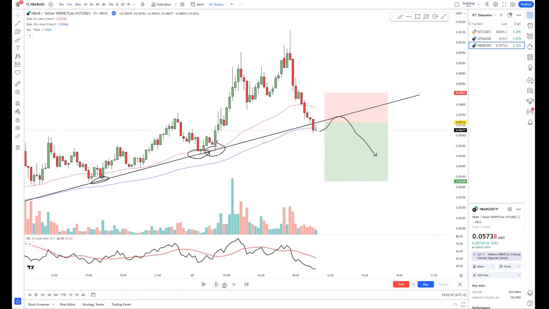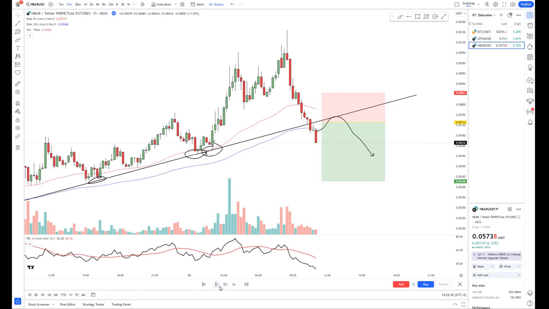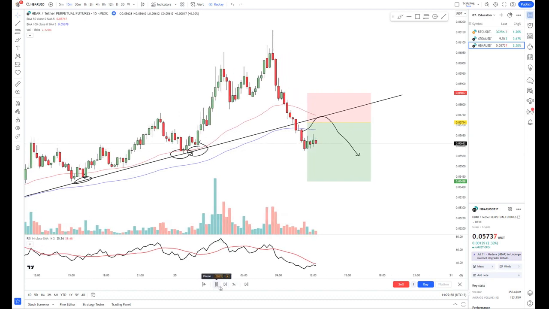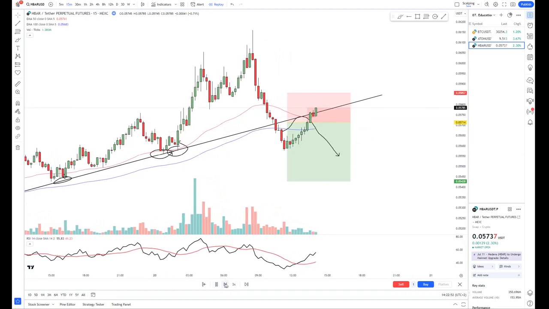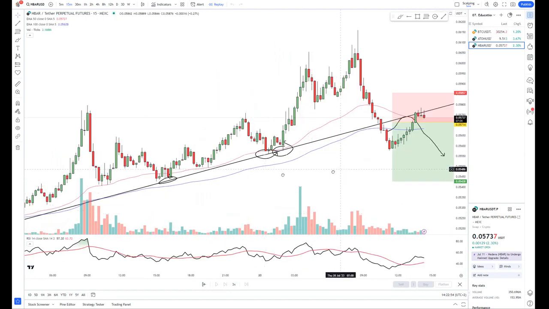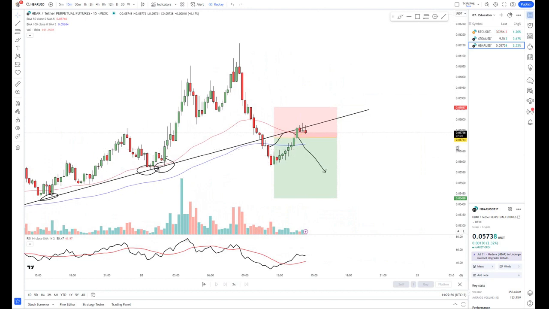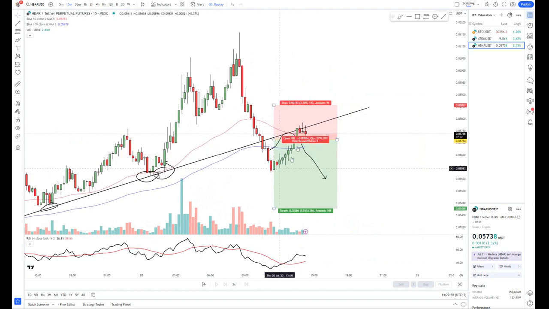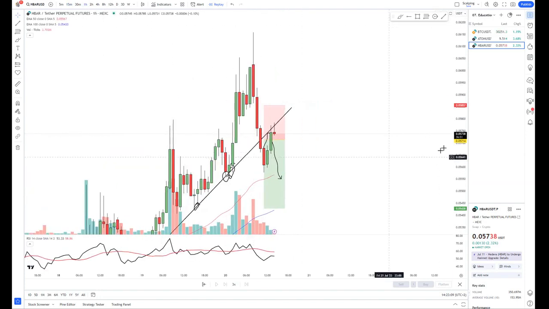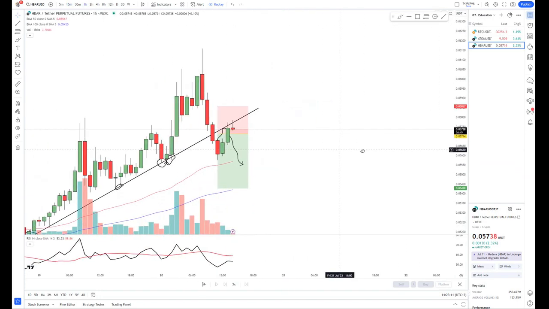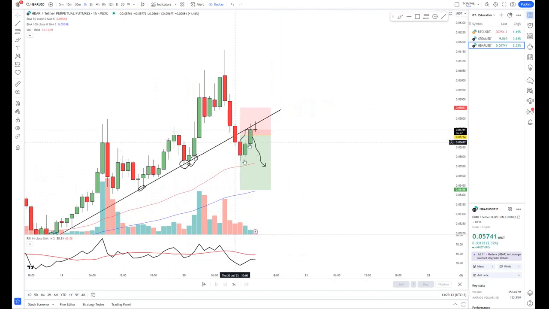Then again, I will be waiting and looking for a possible entry, and as you can see here, it took a while longer, so possibly I would have cancelled it, because you see, probably on the 1 hour it's a better breakdown retest.